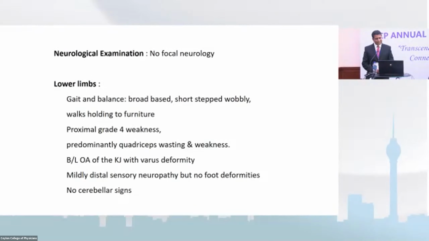Her muscle power assessment showed grade 4 weakness, with predominantly proximal muscle wasting and weakness. She had bilateral osteoarthritis of the knee joints with varus deformity, and mild distal sensory neuropathy, but no foot deformities and no ulcers were detected.